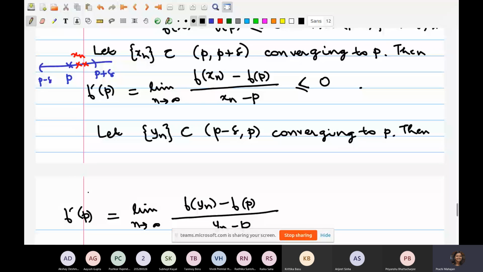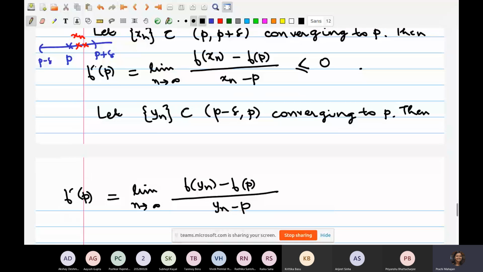And the denominator, since I am taking the yn's to approach P from the left. In this picture here are the yn's. Since the yn's approach the point P from the left, what happens to the denominator? That is also negative. So this difference quotient is always positive no matter what, and the same is going to be true about the limit.